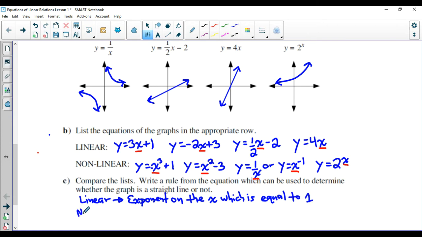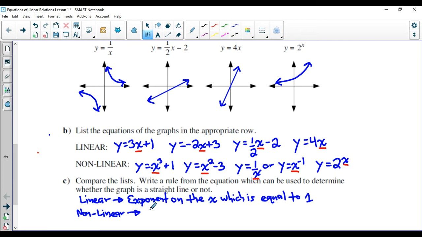For nonlinear, if you look at these exponents, this guy has an exponent 3, this one has an exponent 2, this one has an exponent of -1, not the same thing as +1. This guy here is weird because the variable itself is actually in the exponent of the equation. So you would also need the x variable to not be in the exponent.